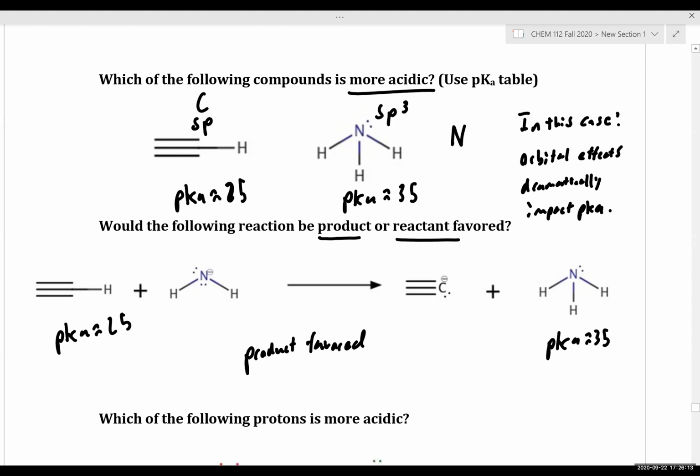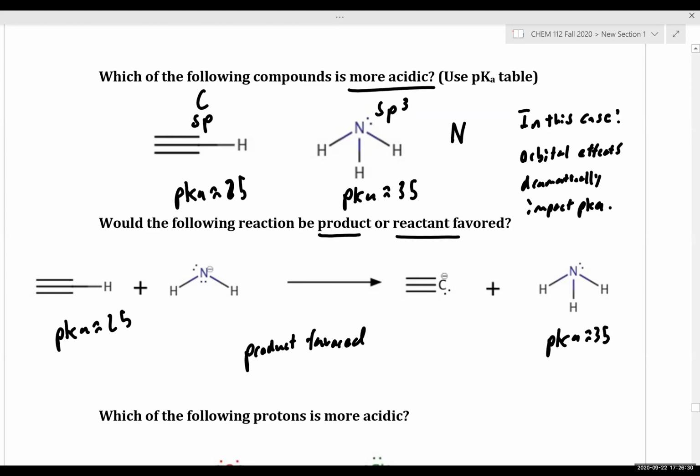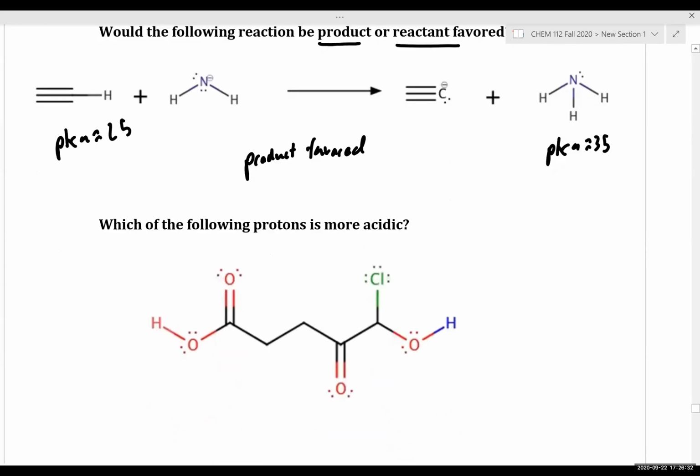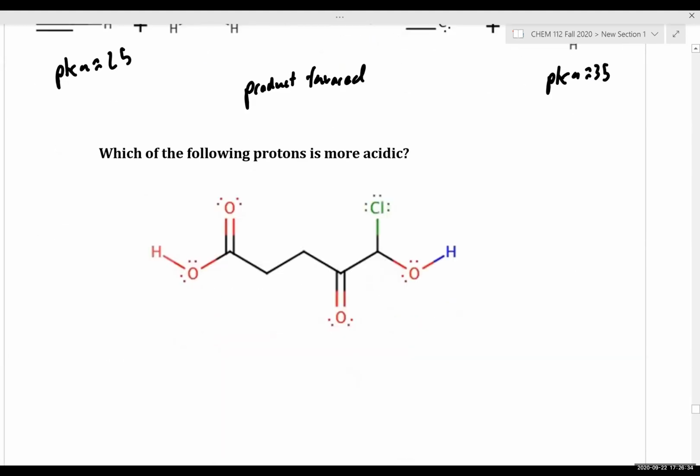Does this look familiar to the examples that we did at the start of this chapter? Okay, so let's look at another example.